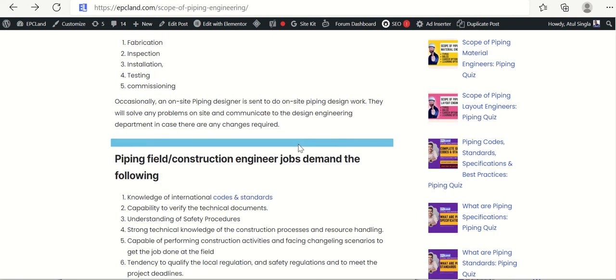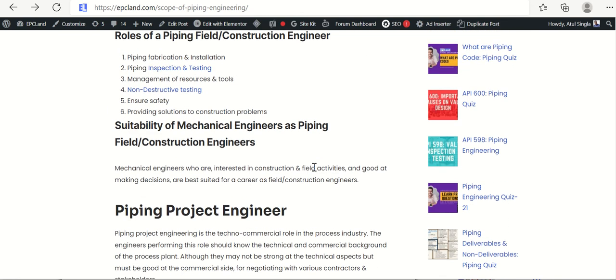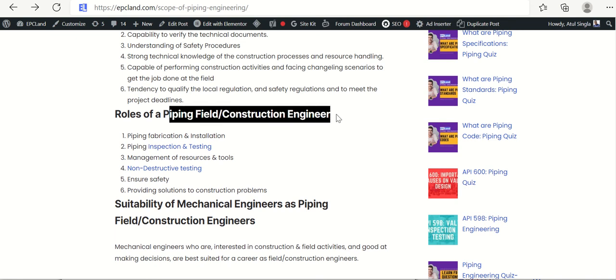There are scenarios when, as we discussed in the beginning, most of the time the design team people go at site and perform the site engineer's role, but sometimes external new people are recruited, especially for the role of piping field engineer. They directly go to site, so at that time they have to be coordinating with design team. A lot of coordination will be required. So this is the role of piping field construction engineer.